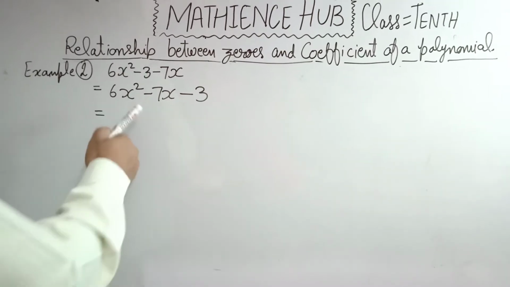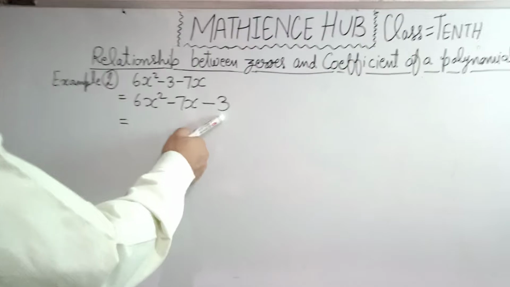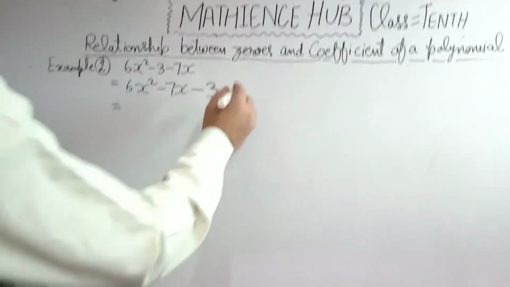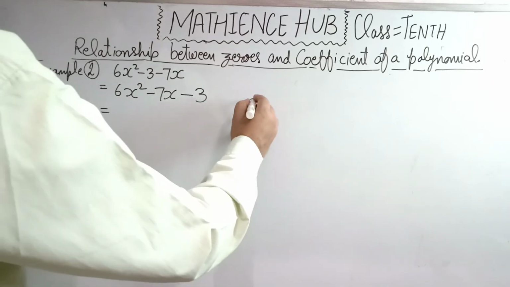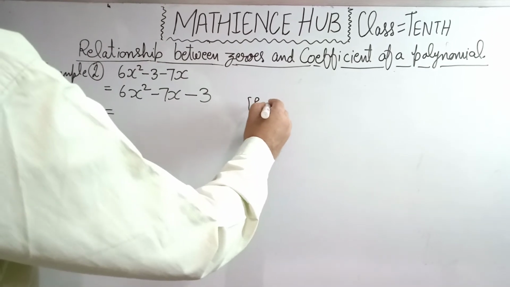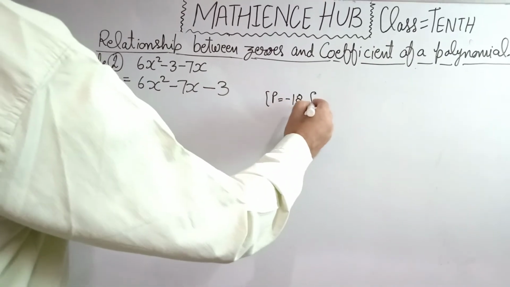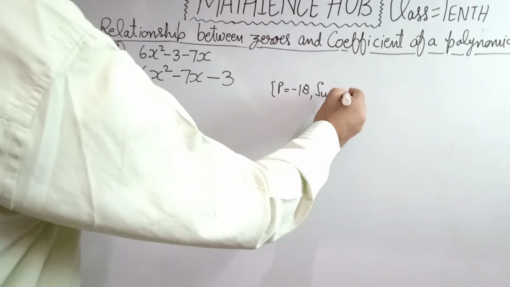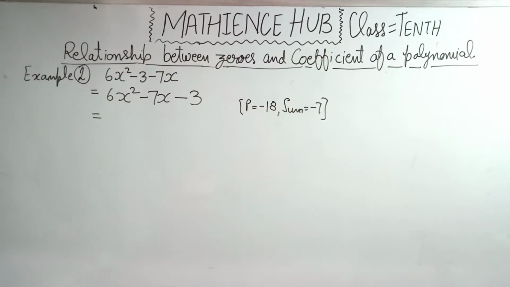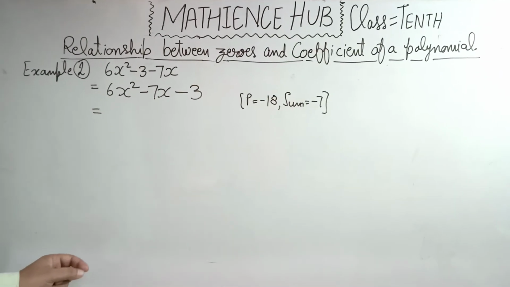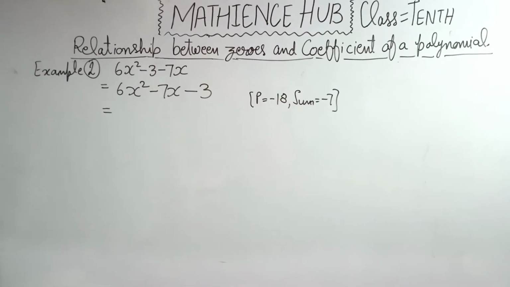Now we solve this by middle term splitting. In this quadratic polynomial, the product is 6 threes are 18, with the sign minus 18. You write here product is minus 18 and sum is minus 7. We find two numbers whose product is minus 18 and sum is minus 7.